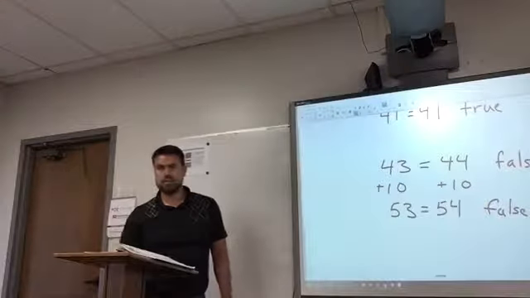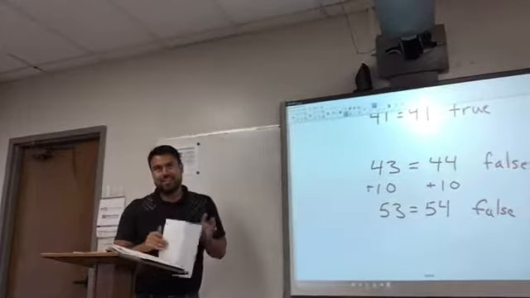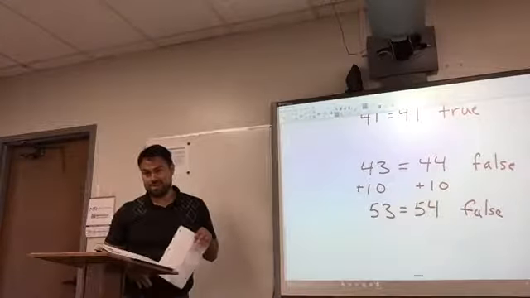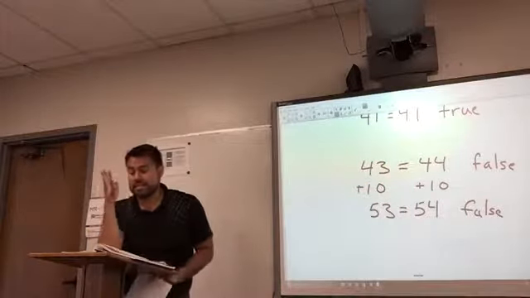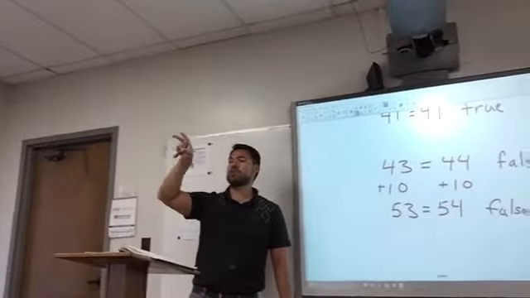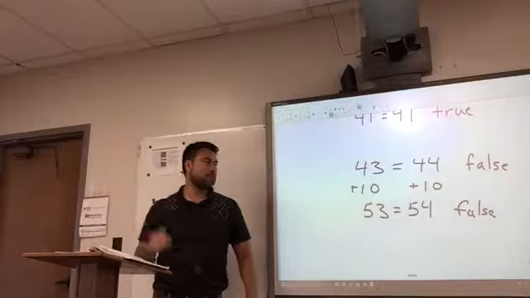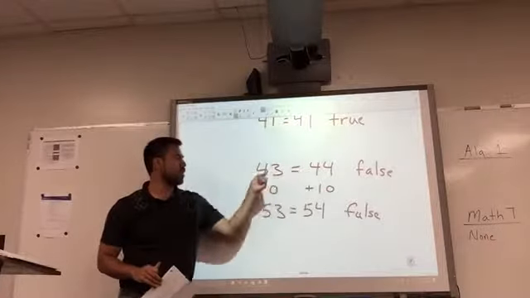Taylor, on future homework, it says like 43 minus 2, and it says not simplified. Do we just put 43 minus 2 as the answer? No. When it says solve, it wants you to tell what the variable equals. So you can only solve if you have an equation and if you have a variable. There's nothing to solve here.